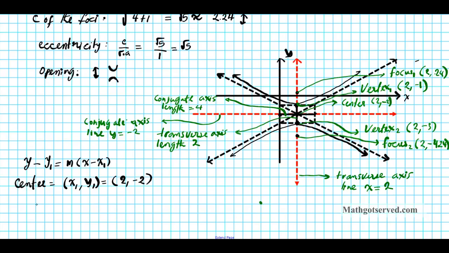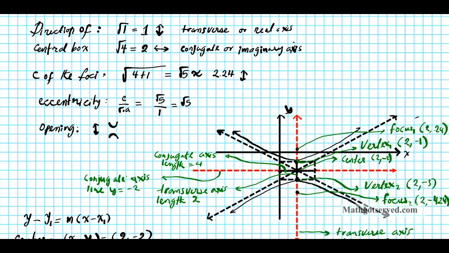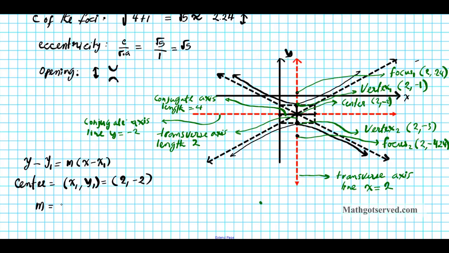And our m is the rise over run using the direction of our central block. So rise 1, run 2, so it's going to be plus or minus 1 over 2. When we put everything together, that gives us the equations of our asymptotes.